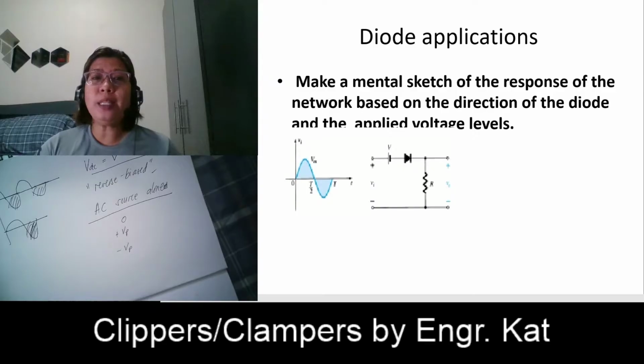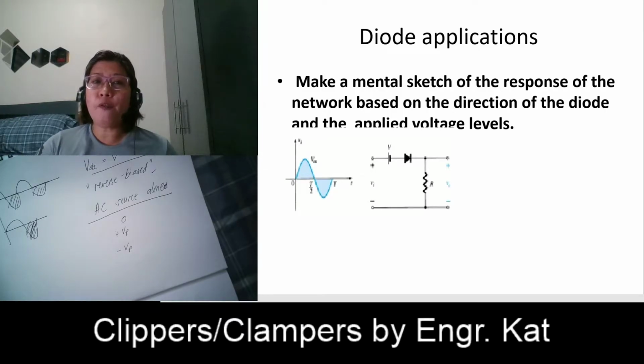When your AC is equal to 0, your diode will not be biased. Why? Because you don't have any source. We do not yet consider the DC source. So if it is 0, it will not forward bias your diode, because 0 is less than 0.7 if it is silicon, or 0.3 if it is germanium.